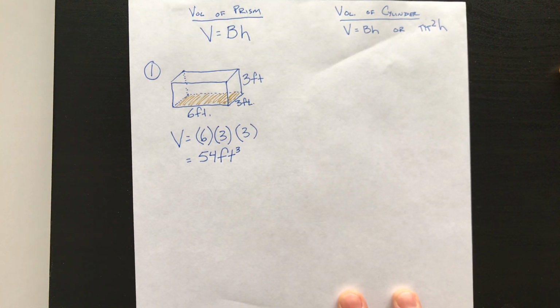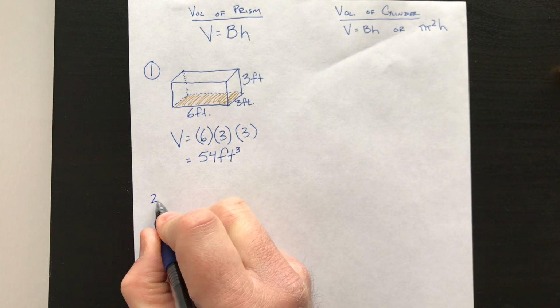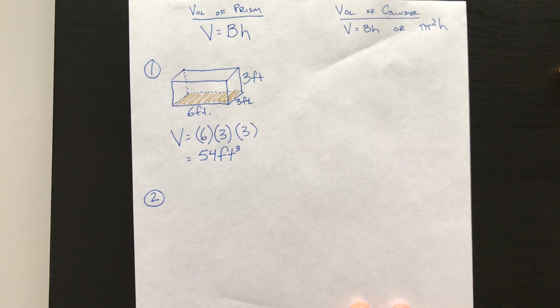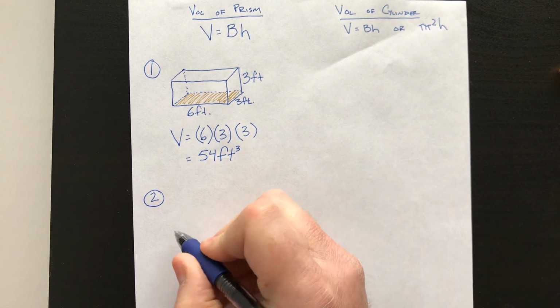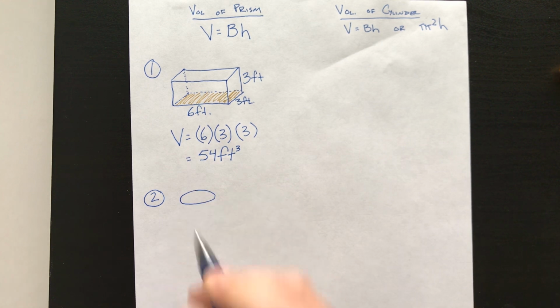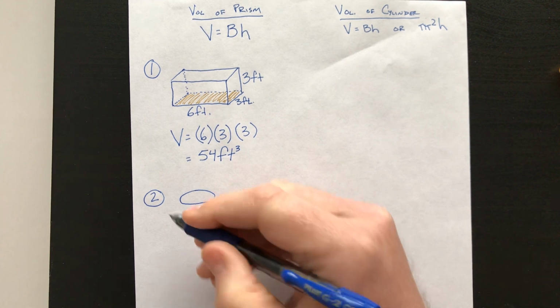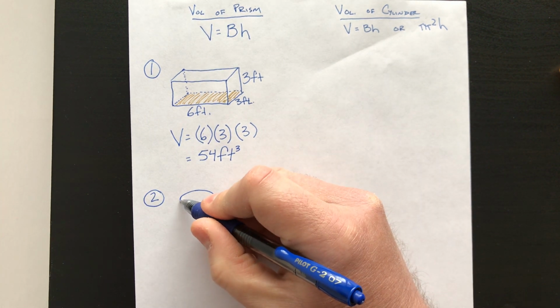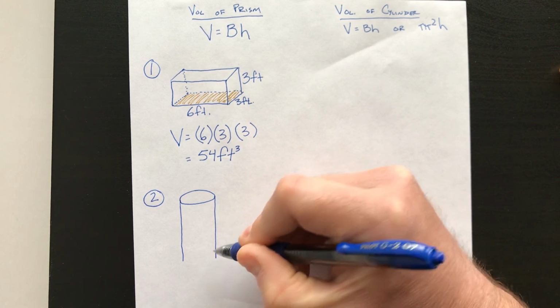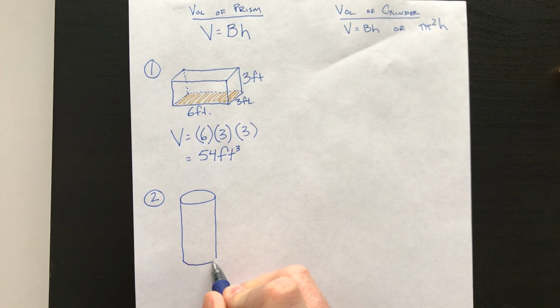Now, number two, we have ourselves a cylinder. All right, we have a cylinder. So let me see if I can draw this as well as the book did. Remember, a cylinder is kind of like a Pringles can. All right, that's not bad.